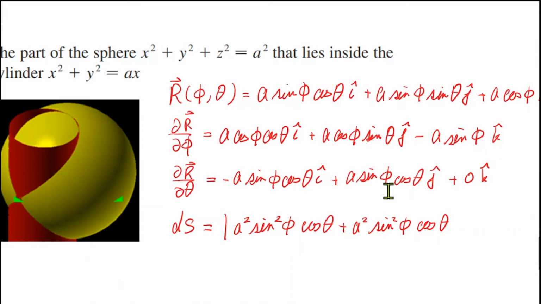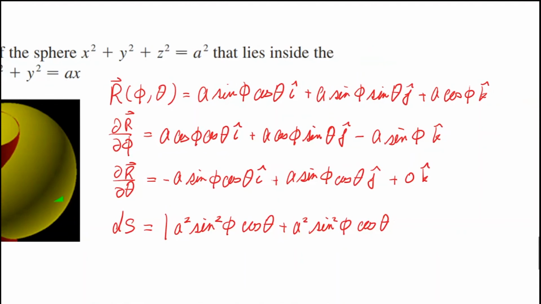What? Okay, hold on. This is cosine squared and this is sine cosine, huh? Okay, it's more complicated than I wished, but let's just do it. So this way is a squared sine phi cosine phi.